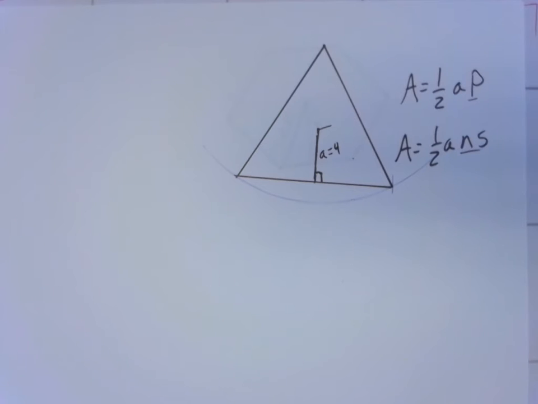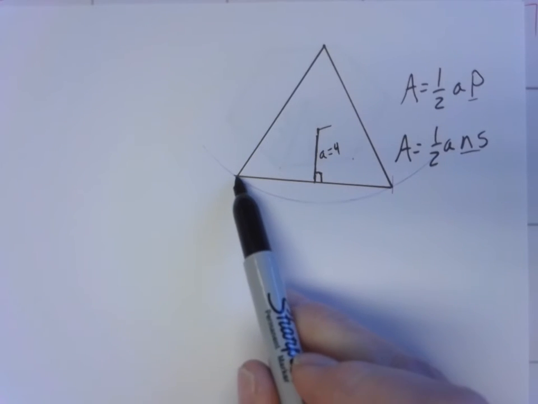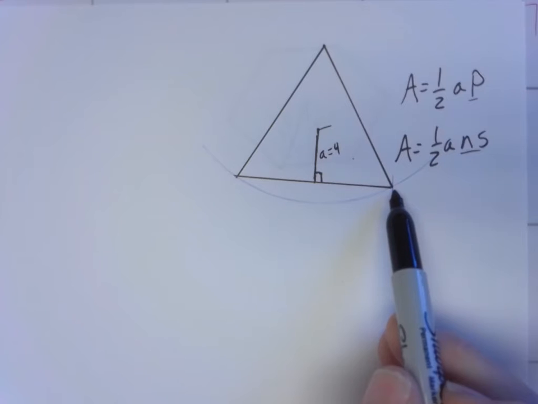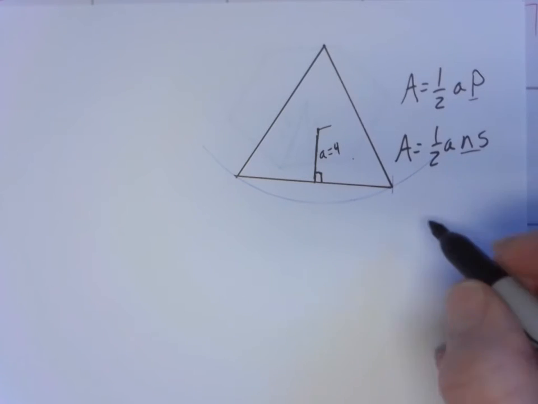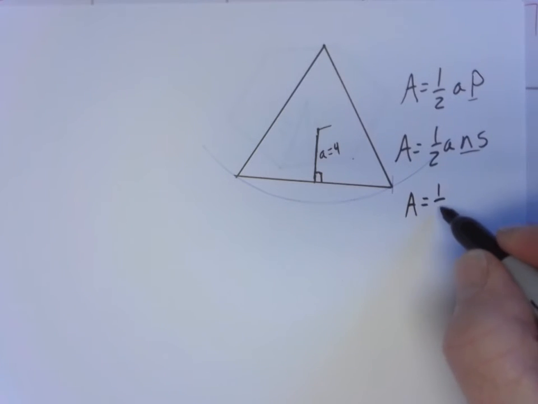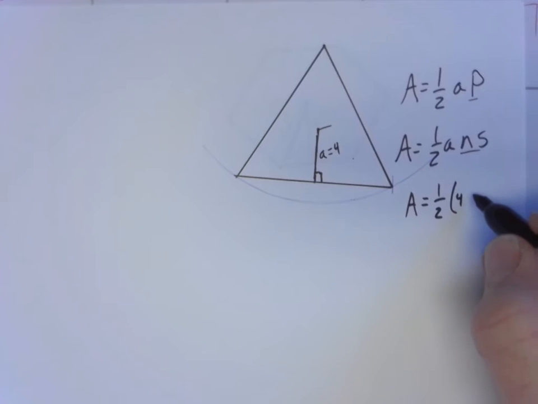Okay, and we can figure this out because we can actually figure out just from that what the length of a side is. Okay, and we know that we have 3 sides, so we already know the apothem is 4.